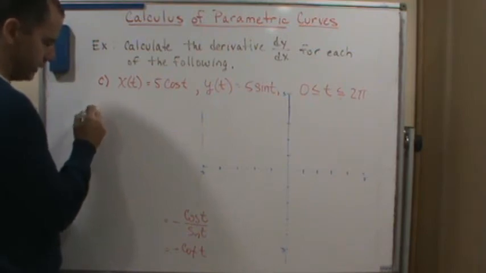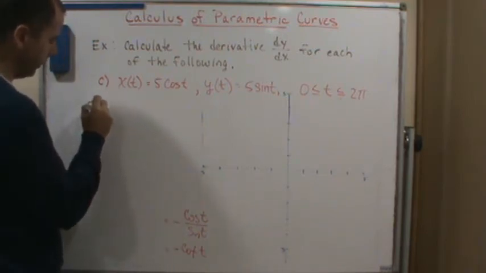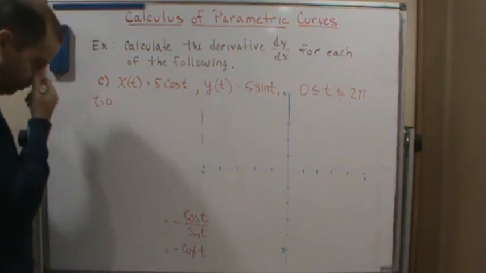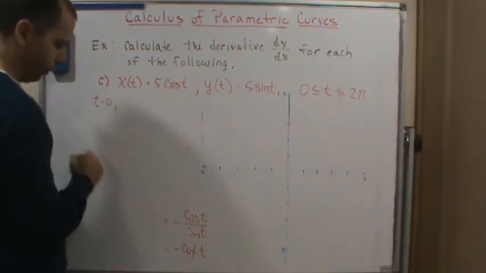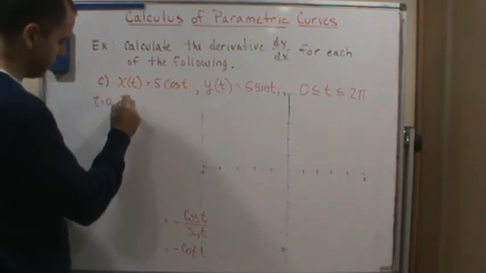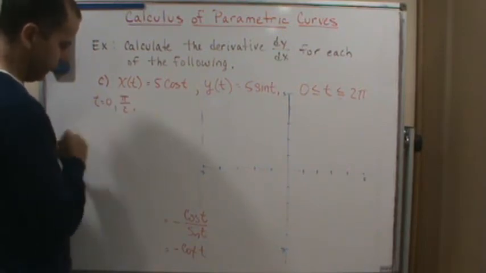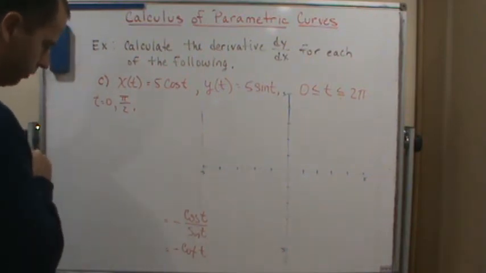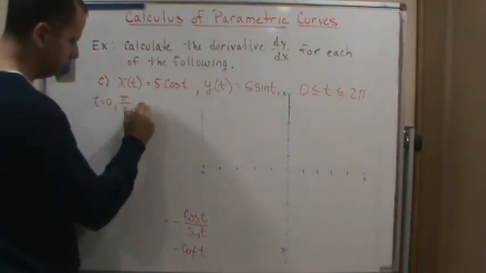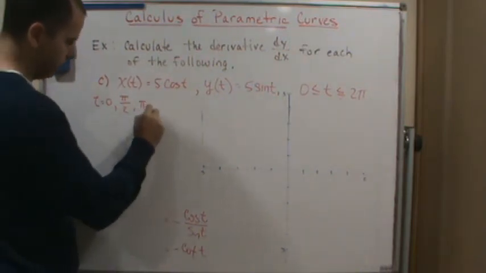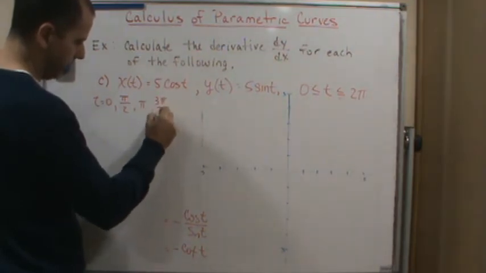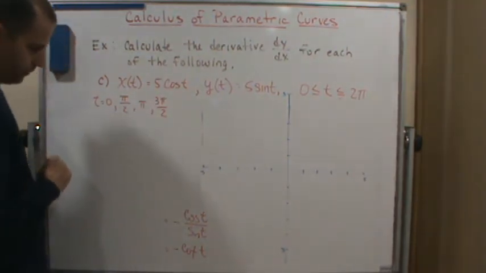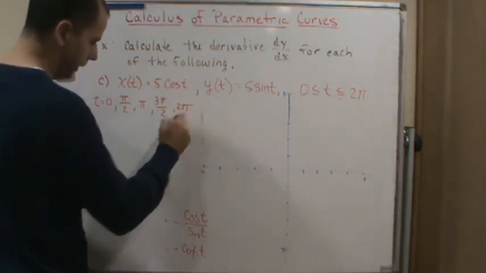We have critical values when t is equal to 0, when we have t equal to pi over 2, pi, 3 pi over 2, and 2 pi.